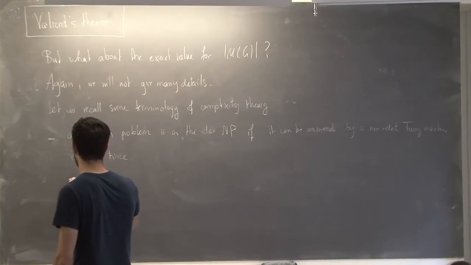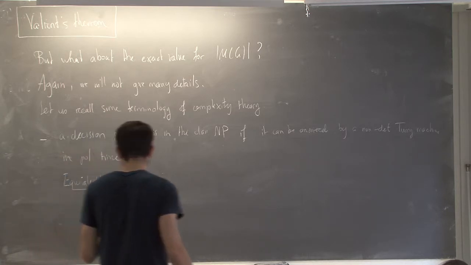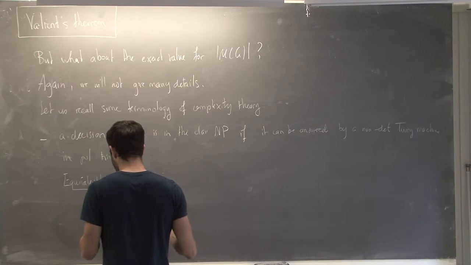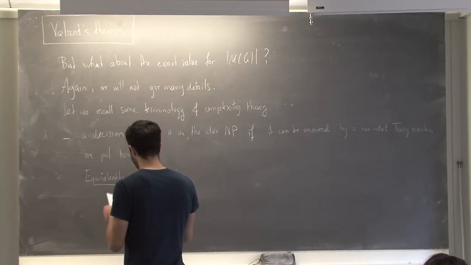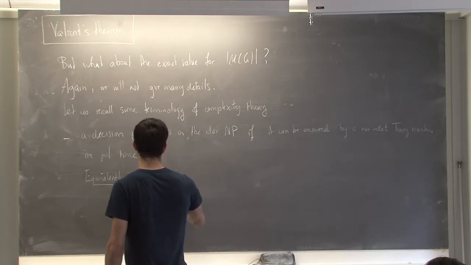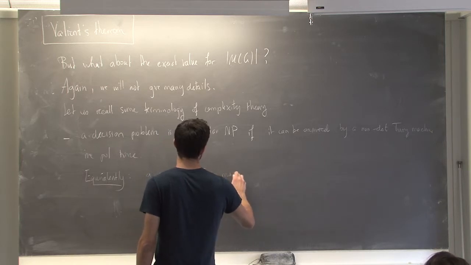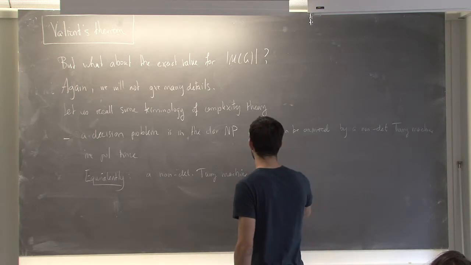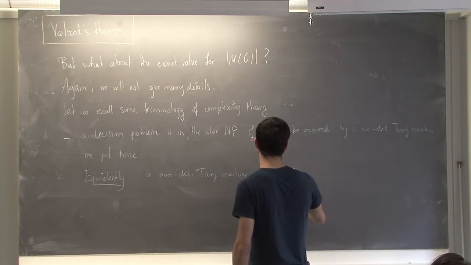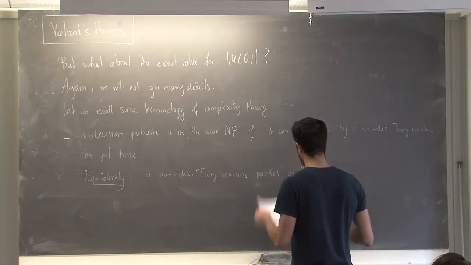Equivalently, we can say, so that's the terminology, so a non-deterministic Turing machine provides, so this is called an accepting computational path.